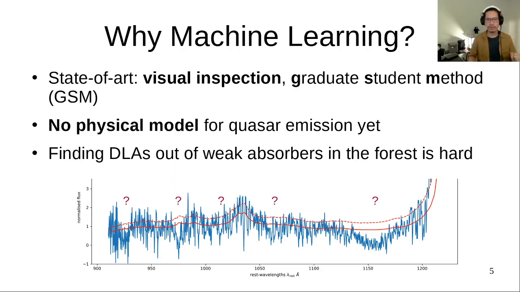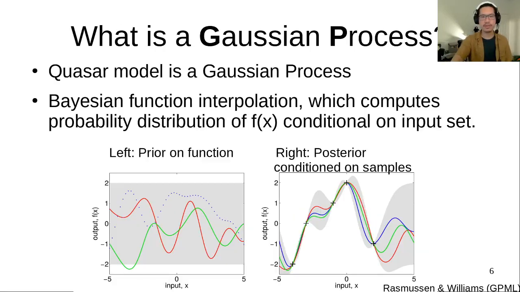So what we do is learn the quasar emission model using a Gaussian process and encode the Lyman forest model into the Gaussian process. Let's briefly talk about what a Gaussian process is. A Gaussian process is a way to do Bayesian function interpolation.